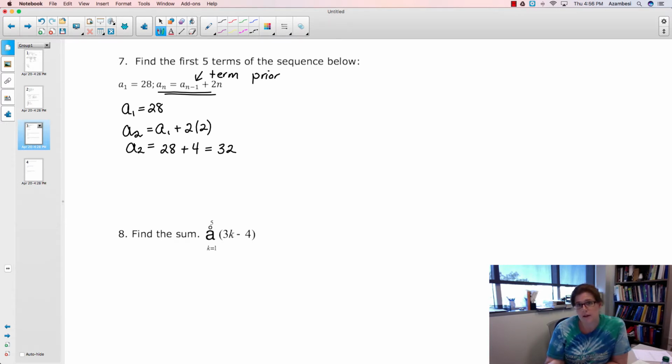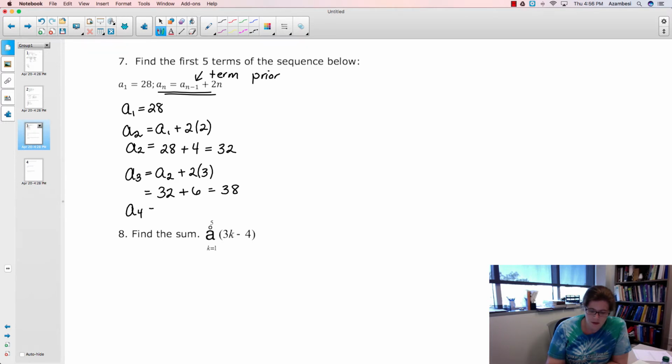Now, recursive formulas, you need each term to get to the next one. So A3 would be A2 plus 2 times 3, or 32 plus 6 gives me 38.